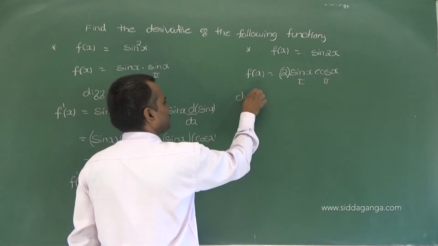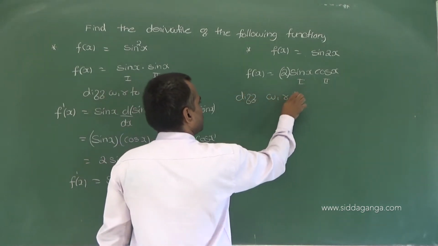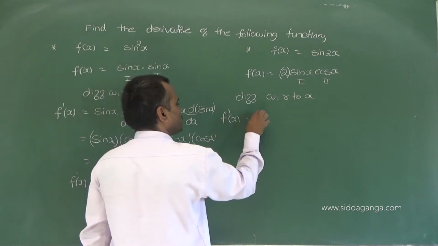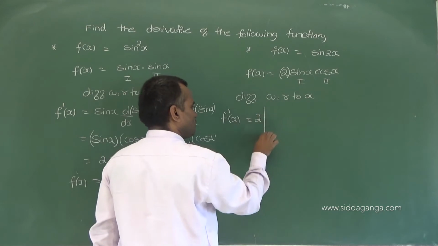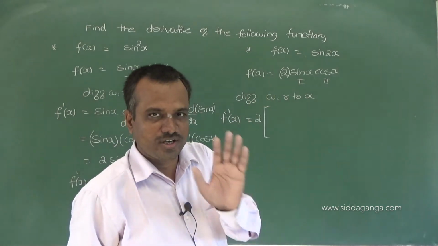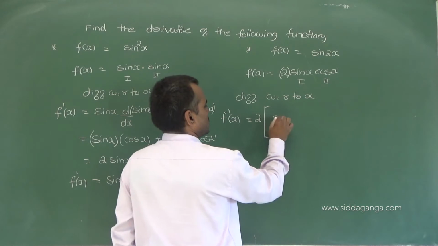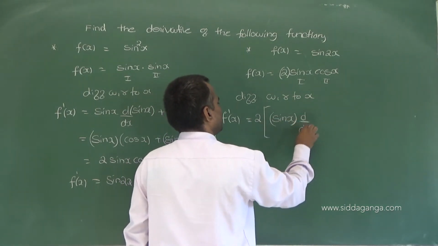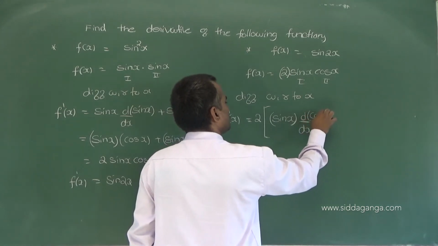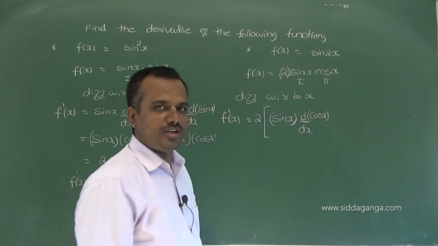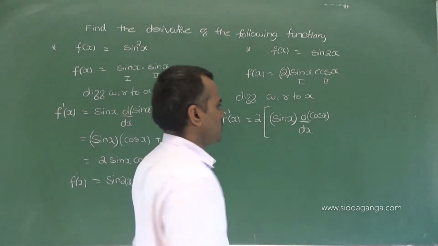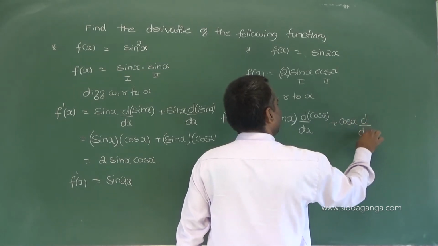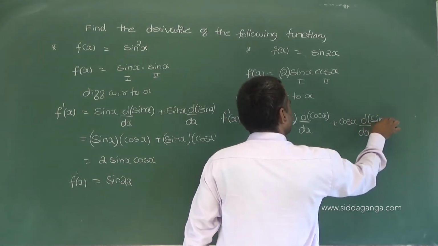Differentiate with respect to x. f of x we write as f dash of x. 2 constant we write outside: constant into the derivative of the function. In that we apply the product rule: sin x into d by dx of cos x, first function into derivative of second function, plus cos x into d by dx of sin x.